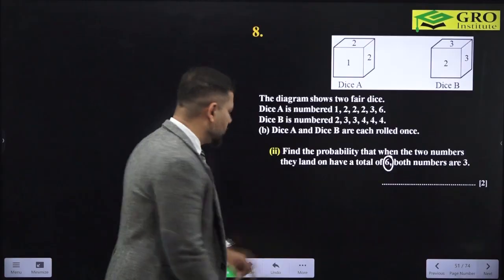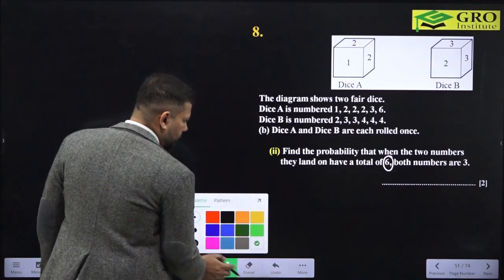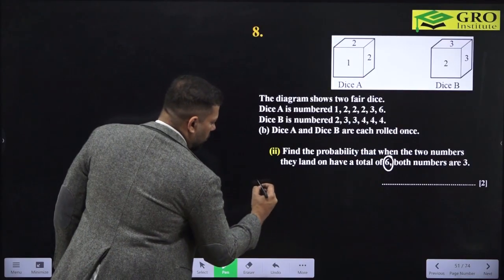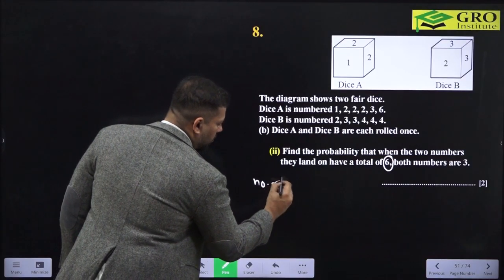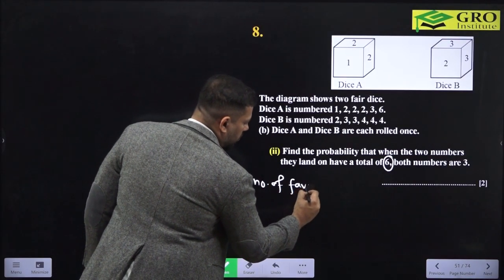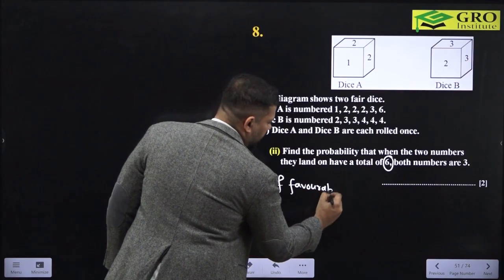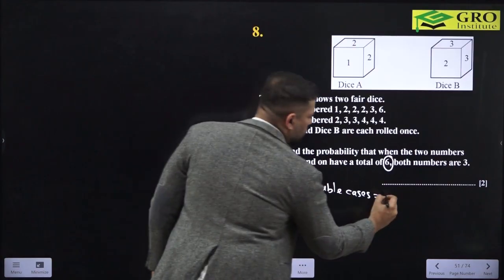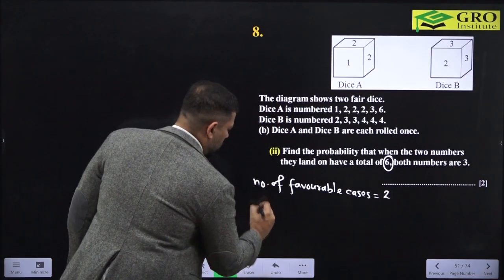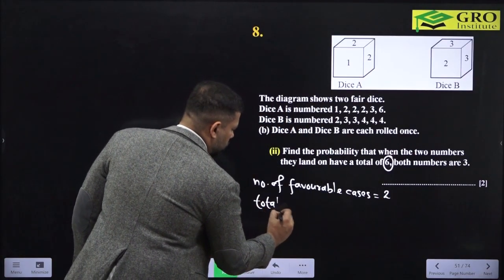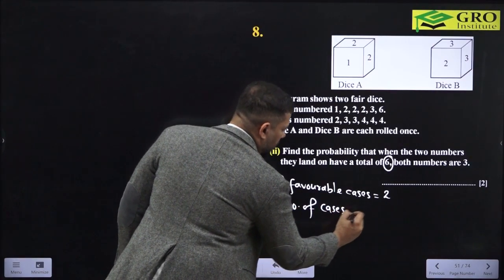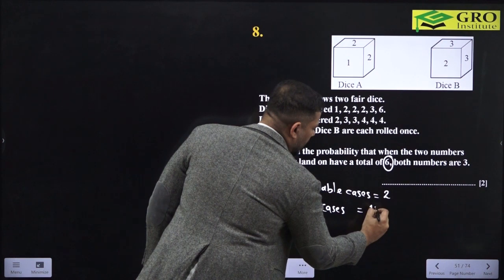So the probability in this case is, number of favorable cases is equal to 2. Total number of cases is equal to 11.